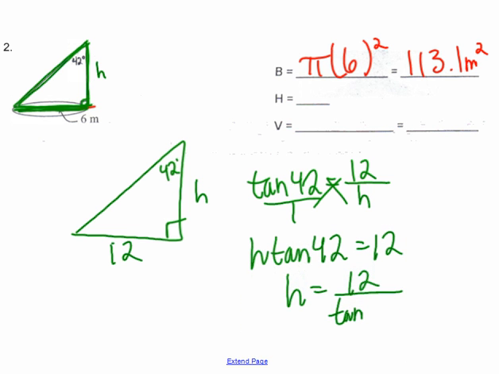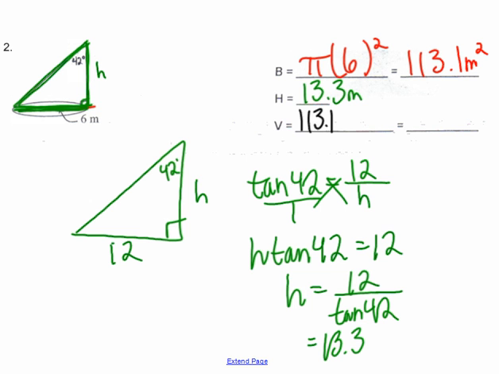Alright, tangent of 42. So when I type that in, I get 13.3 meters.